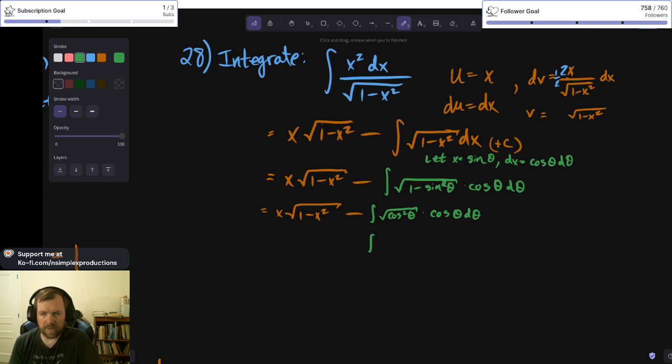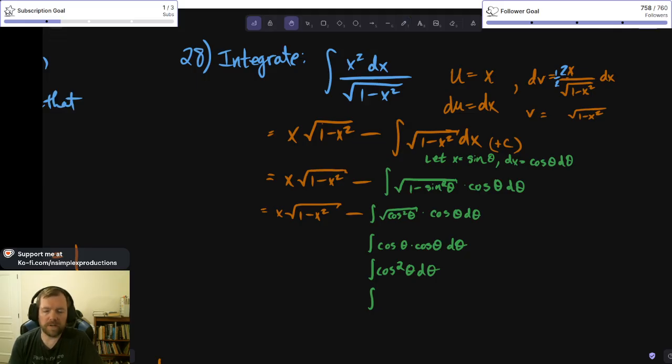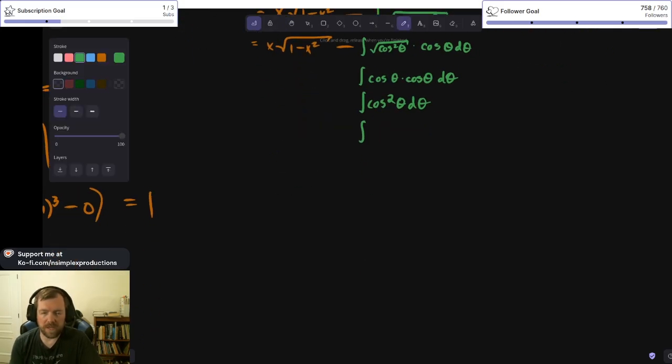Okay, which is then going to become cosine theta times cosine theta d theta, which is the integral of cosine squared theta d theta. Here for cosine squared, we can use the power reduction formula, which, if you don't remember it, that's perfectly fine, because you should be able to remember the double angle theorem.